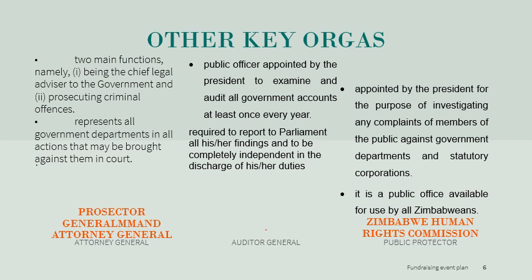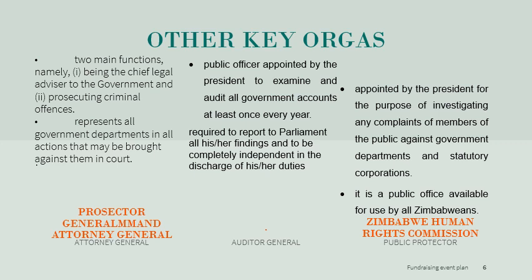And then we have the Auditor General's office. It is the office that examines or audits all government accounts at least once a year, and is required to report to the president all the findings that are found. And in doing so, it obviously has to be independent in the discharge of its duties.